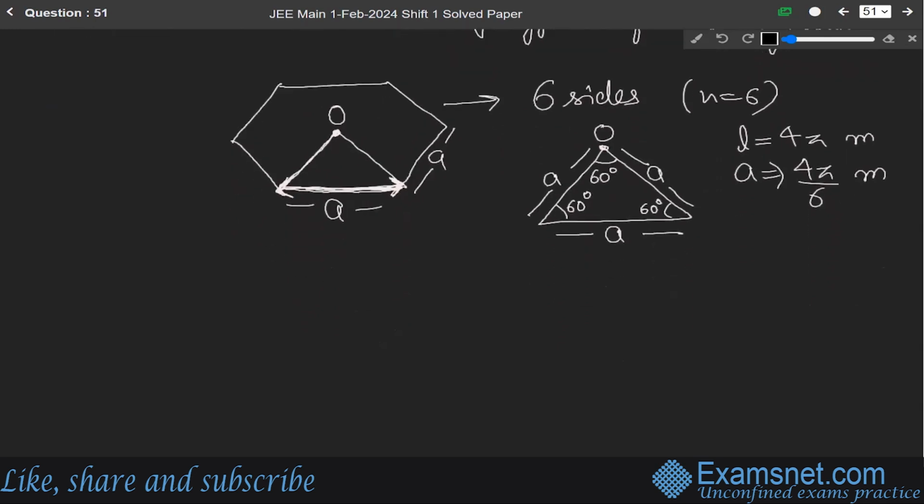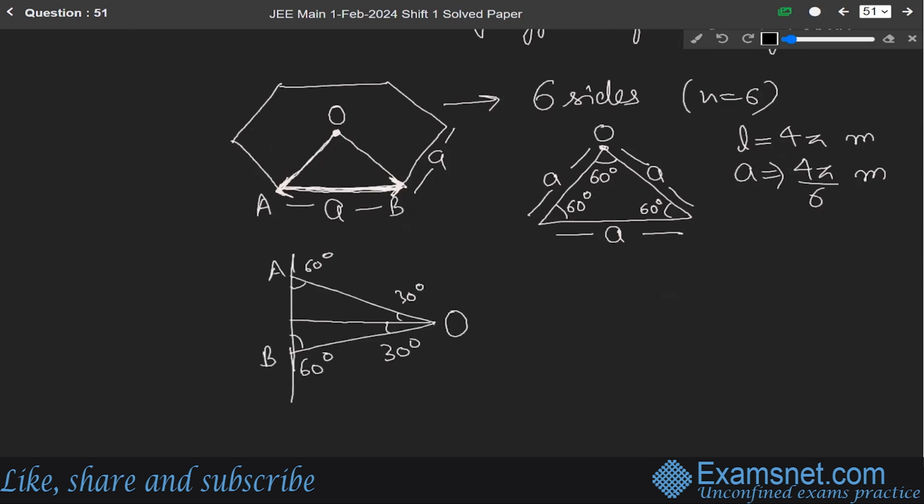Now, if we want to find the magnetic field at this point, let us say the figure is like this. This is point O. This is 60 degrees, means this is 30 degrees, and this is also 30 degrees. This is 60 and this is 60. Let us name it AB.